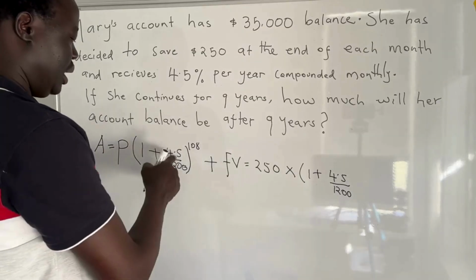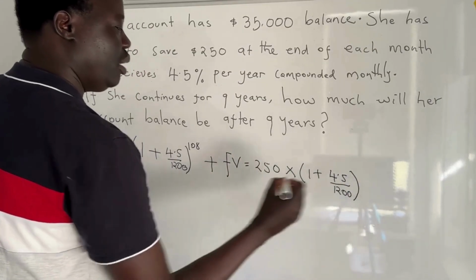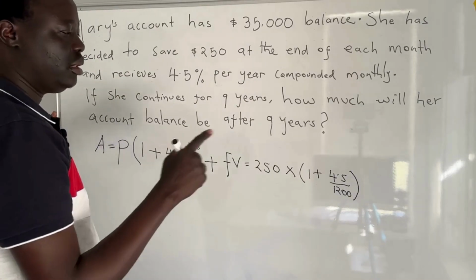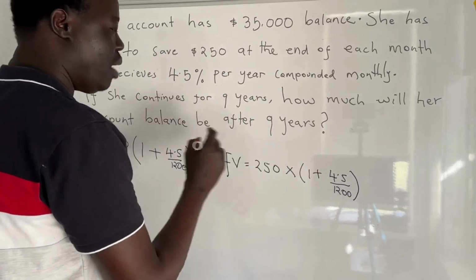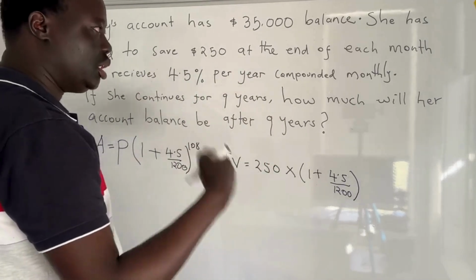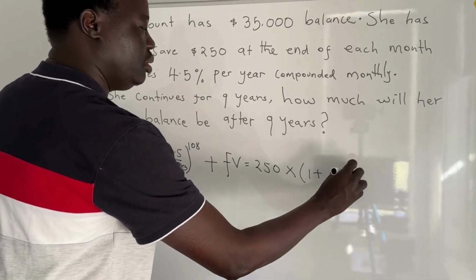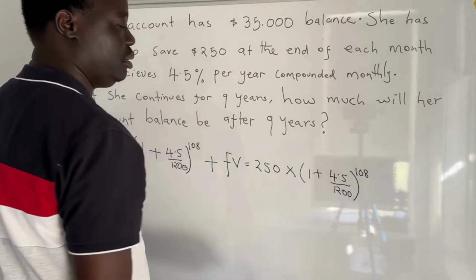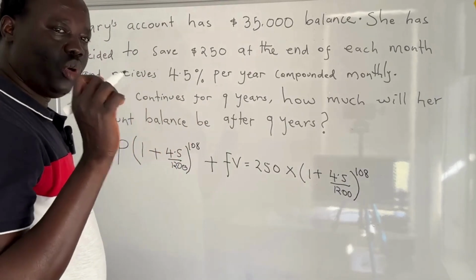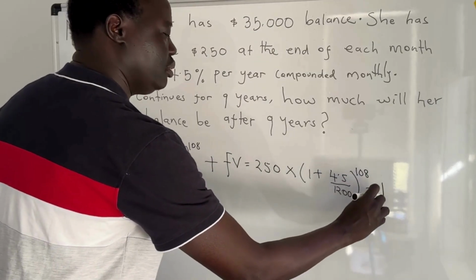So this is the same thing, but this one you put in bracket like that, raised to the same power, because it's the same duration that she will be putting the money into that account. But remember, this is future value of ordinary annuity, so we're going to minus 1.